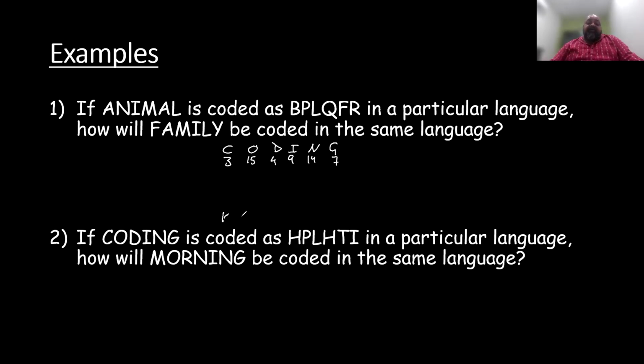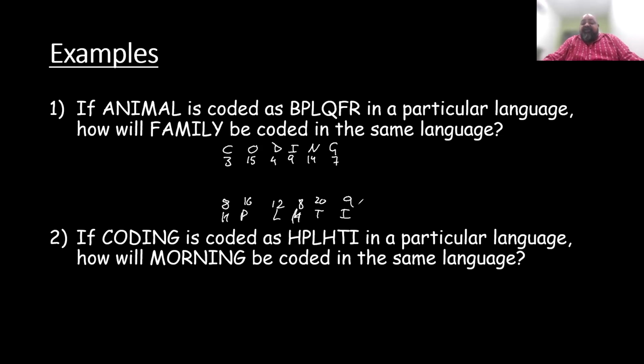Then we look at the codes: H is 8, P is 16, L is 12, H is 8, T is 20, and I is 9. How is this coding happening?